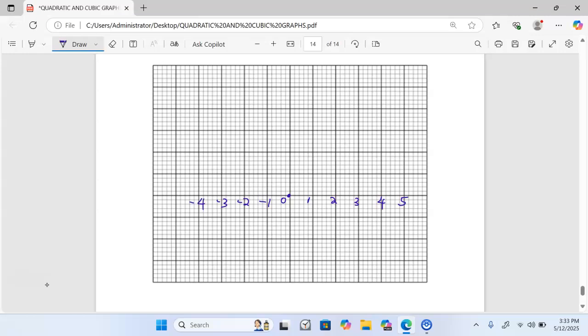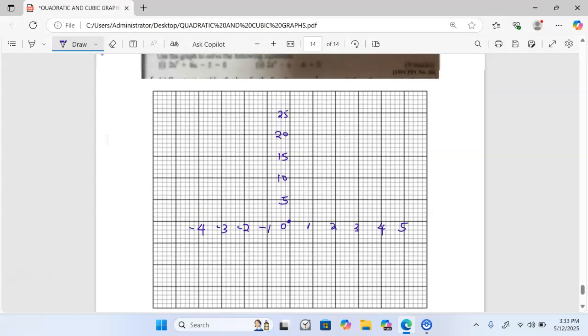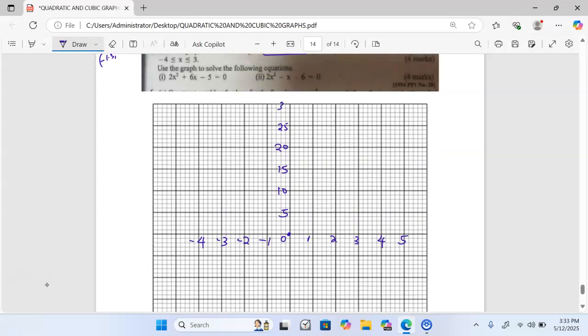Because the highest value we have is 31, we can decide to use one box to represent 5 units. That is, we are going to have 5, 10, 15, 20, 25, and lastly 30 here. This is our y-axis.